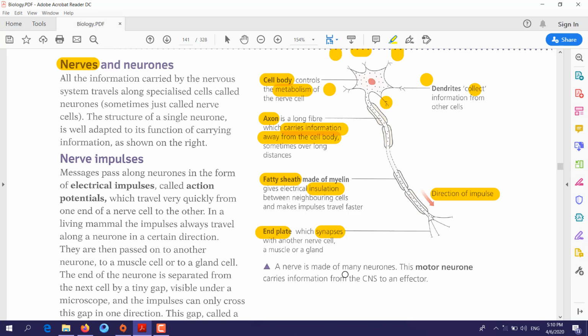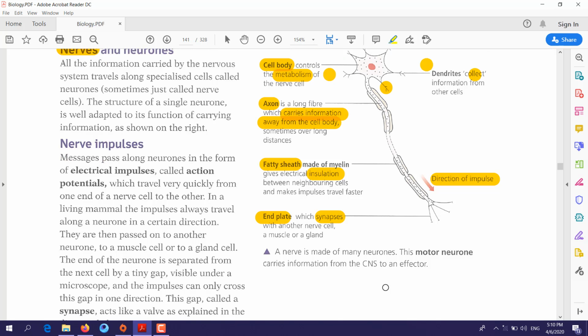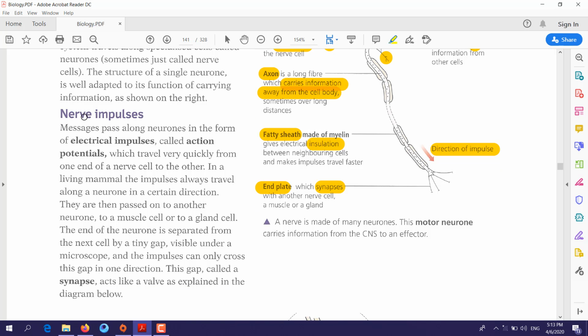A nerve is made of many neurons. This motor neuron carries information from the CNS to an effector. Nerve impulses: now we will talk about how messages are sent through nerves, how they pass through the nerve, and the mechanism.